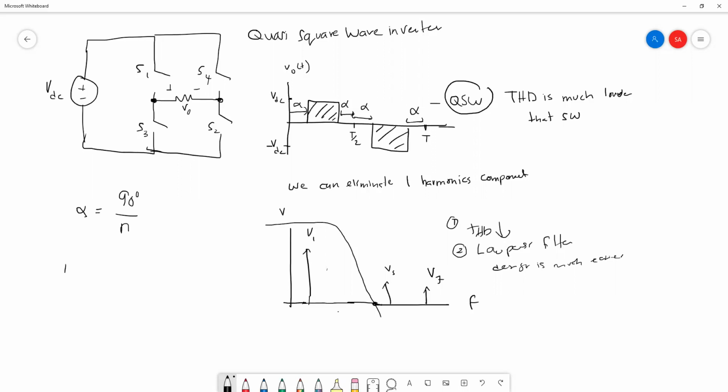So if you want to eliminate harmonic number 3, alpha should be 90 over 3, so the alpha that you need to use should be 30 degrees. If you want to eliminate harmonic number 5, your alpha should be 90 over 5, which is 18 degrees.